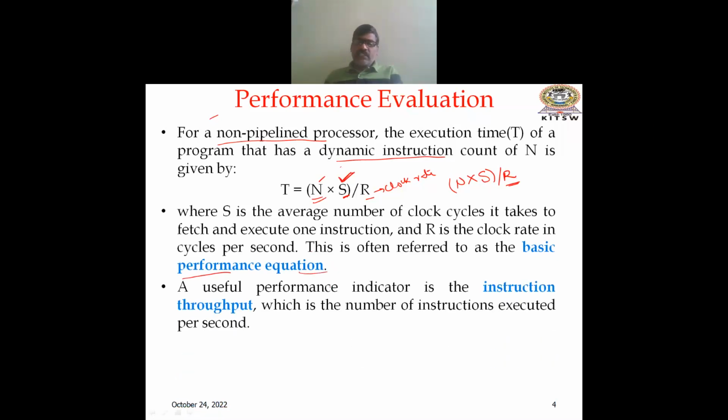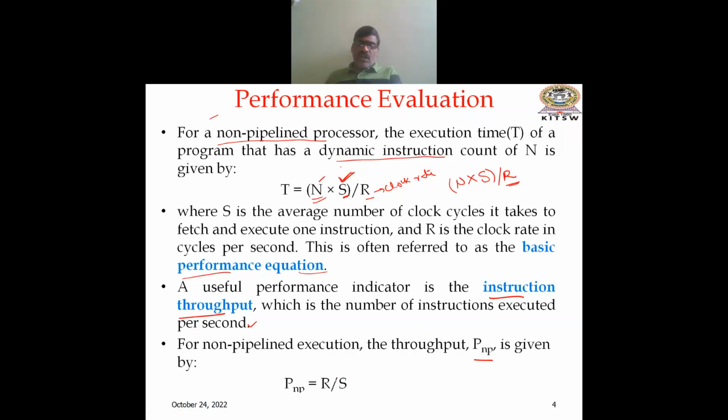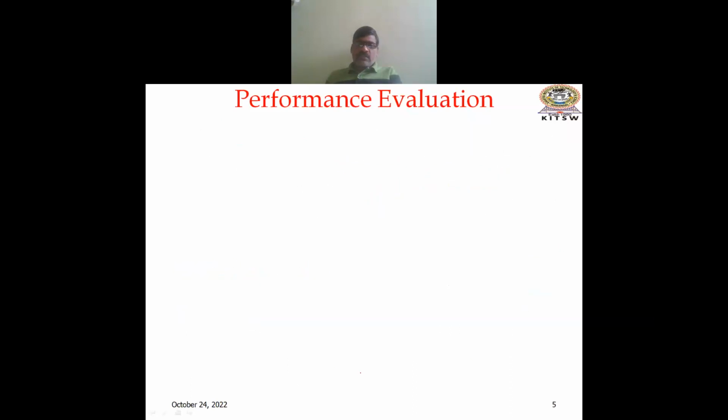Another useful performance indicator is the instruction throughput, which is the number of instructions executed per second. For non-pipelined execution, the throughput, Tp, is given by the equation R divided by S. You are all familiar with that.